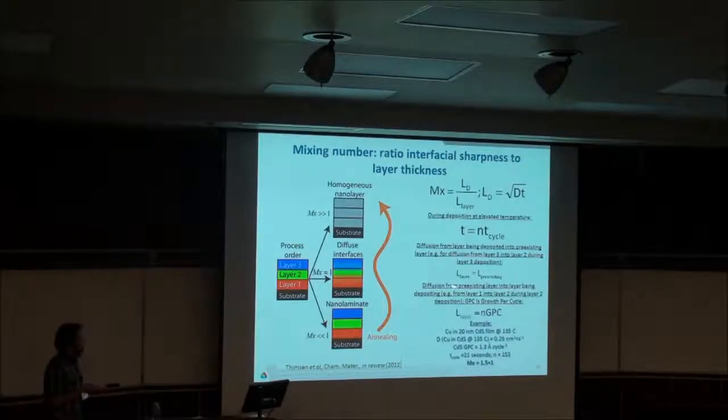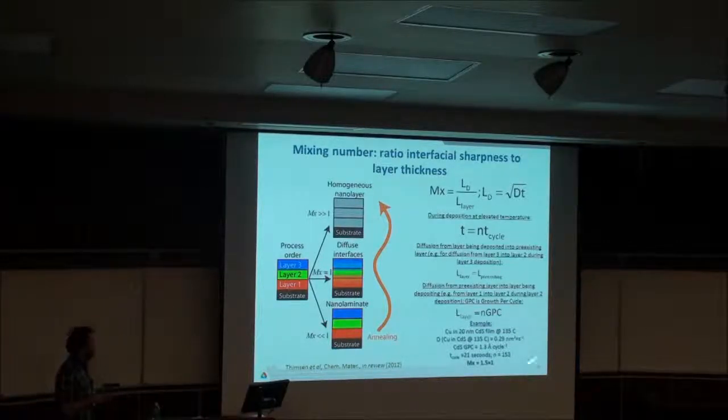In this case, the layer thickness would be the thickness of the pre-existing layer. In the second case, when the pre-existing layer penetrates into the layer being deposited, the thickness of the layer is the number of ALD cycles multiplied by the growth per cycle, which is the thickness of the film you can grow per single ALD cycle.